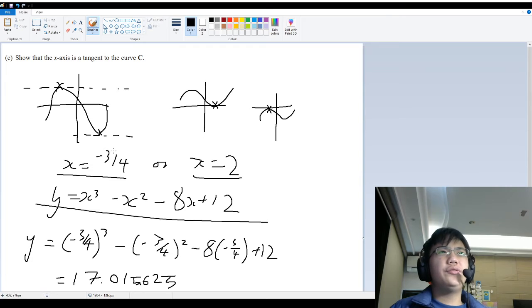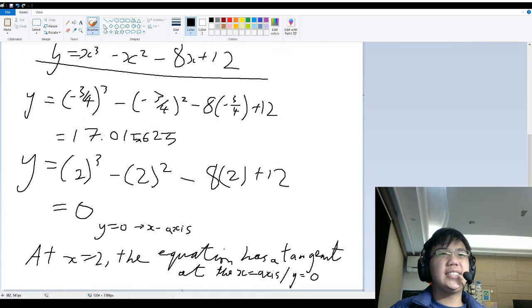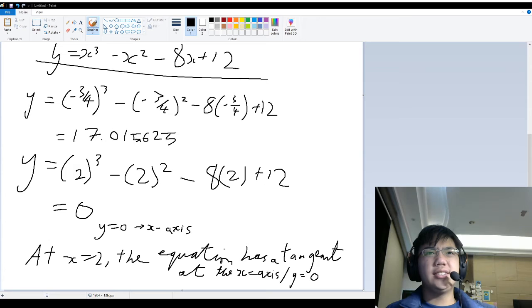So here we have proven that the x-axis is a tangent to one of the points of curve C, which solves said question.